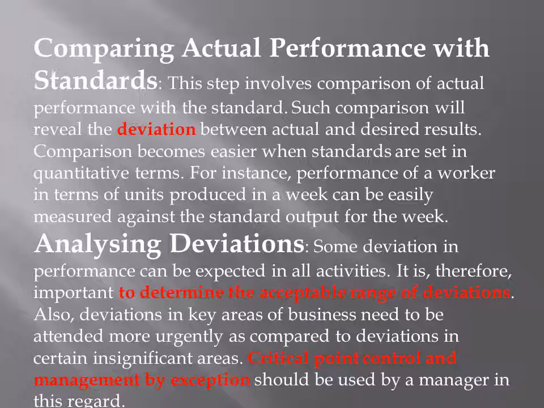That means actual work may be equal to the standard work, actual work may be less than the standard work, and actual work may be more than the standard work. And this comparison will be easier when the standards are fixed in quantitative terms. So comparison of actual and standard performance will be done in the third step of controlling.